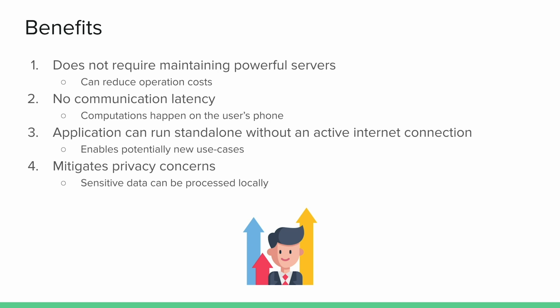So you can reduce your operational costs. You don't have any communication latency, and your application can run standalone even if there is no network connection available. This completely opens up new use cases that you might not have thought of before. So there is a large benefit of trying to run models directly on the end user.